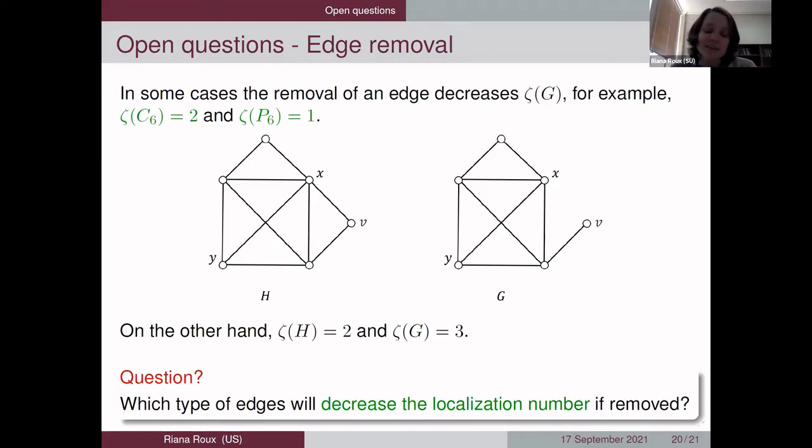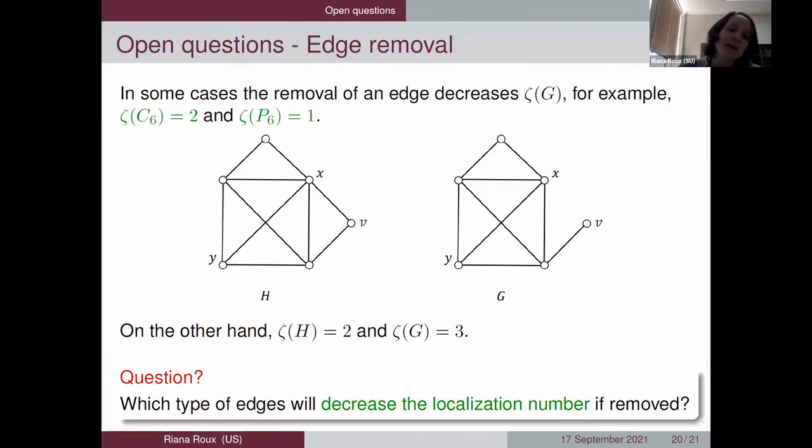So we know that the localization number must be equal to 2. If we take away one single edge from a cycle, we get a path of length 6. And a path of length 6 certainly does not contain that copy of the special tree T33. So the localization number is 1. That means if I remove an edge, the localization number will decrease.